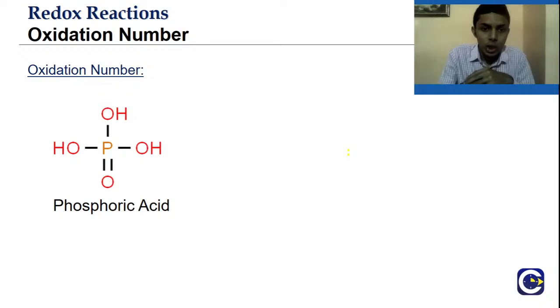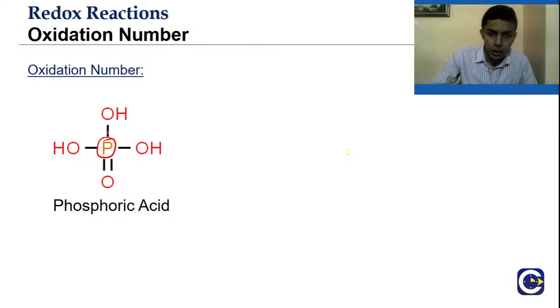Okay. What will be the oxidation number or notional charge on the phosphorus in the case of phosphoric acid, which is H3PO4? If I try to break one after another all the bonds, first when I break this bond, these two electrons are going to go to oxygen because obviously oxygen is more electronegative.